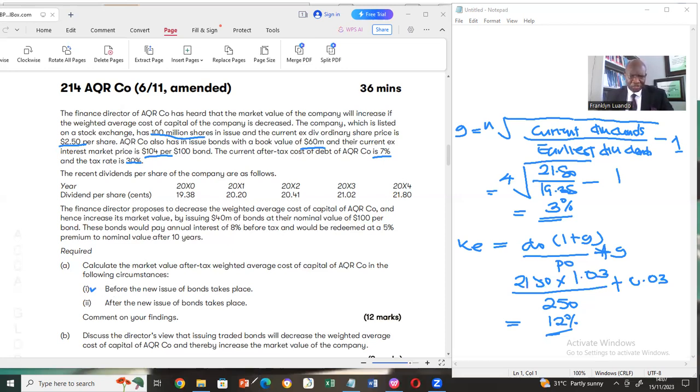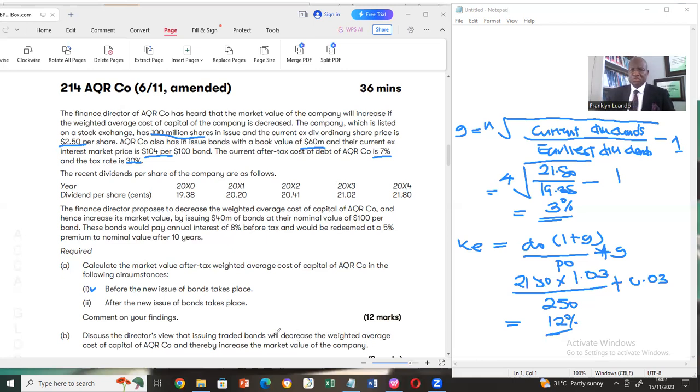Calculate the market value after-tax weighted average cost of capital following circumstance A, before the new issue of bonds takes place. So now, under the old bond, we already know the cost of the debt, which is after tax, so we don't need to calculate it.